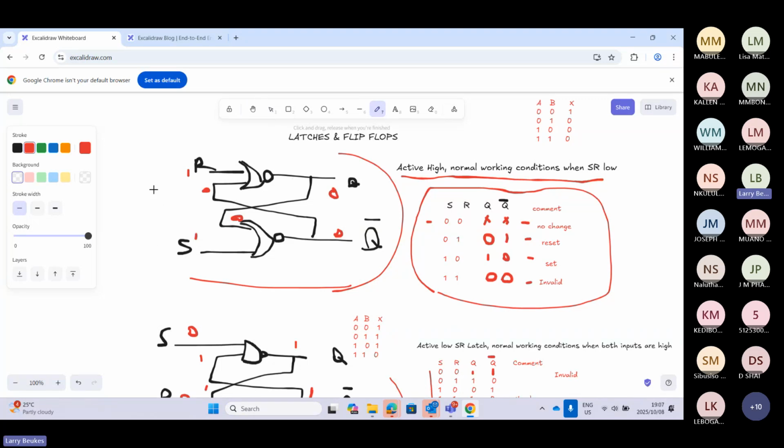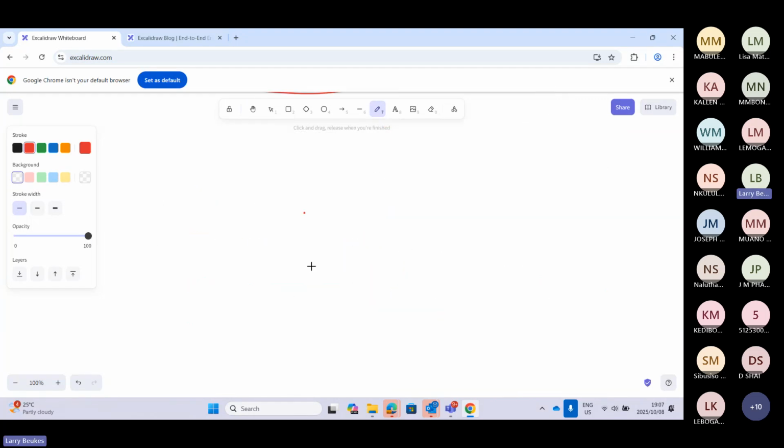Then we just put two AND gates there, but let's do it quickly. NOR gate. NOR gate. So now we're just drawing the SR latch first.